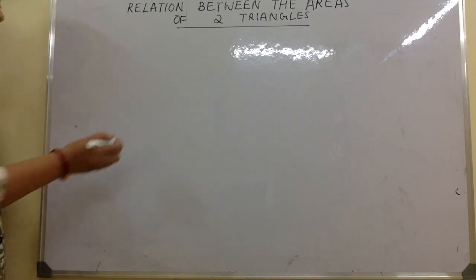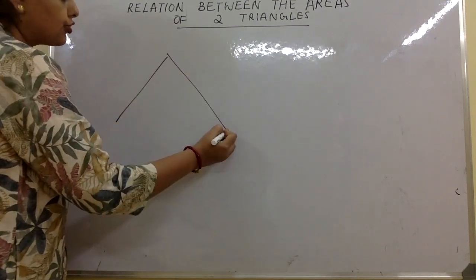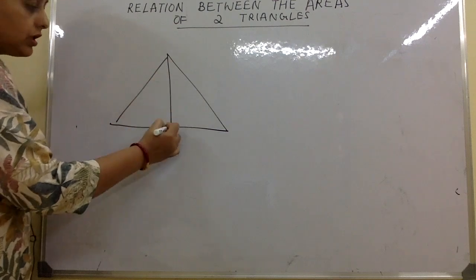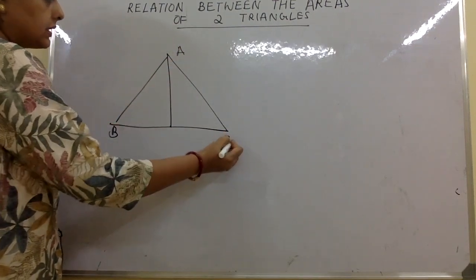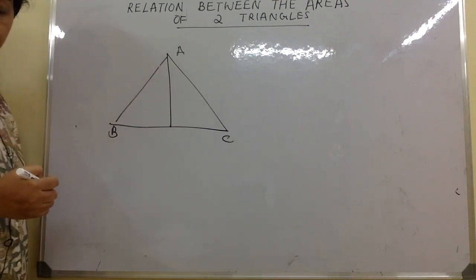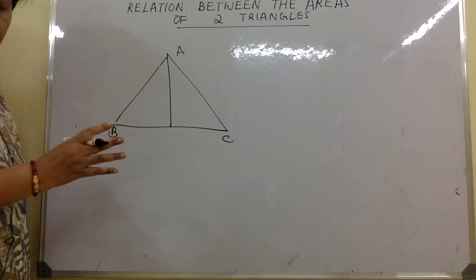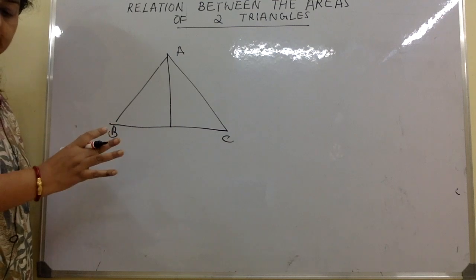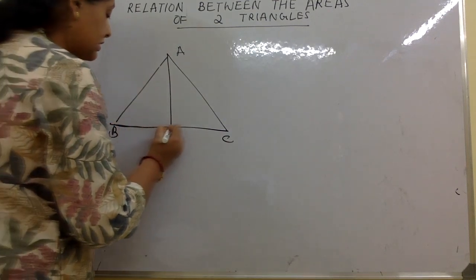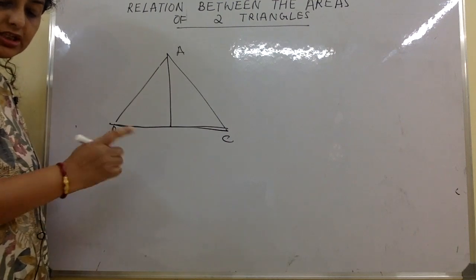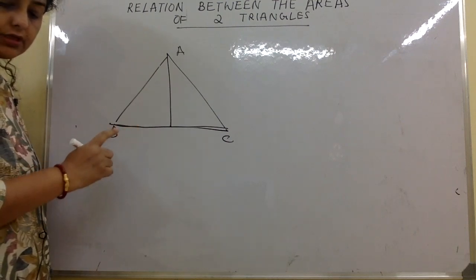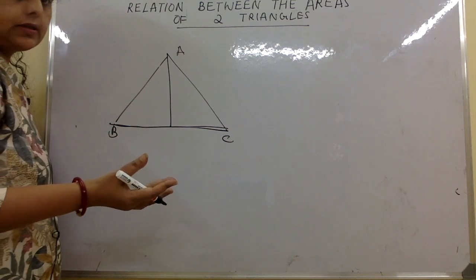Now the third theorem says if there are two triangles from one common vertex, here A is the common vertex, and their bases are along the same straight line, then the ratio between their areas is equal to the ratio between the lengths of their bases.